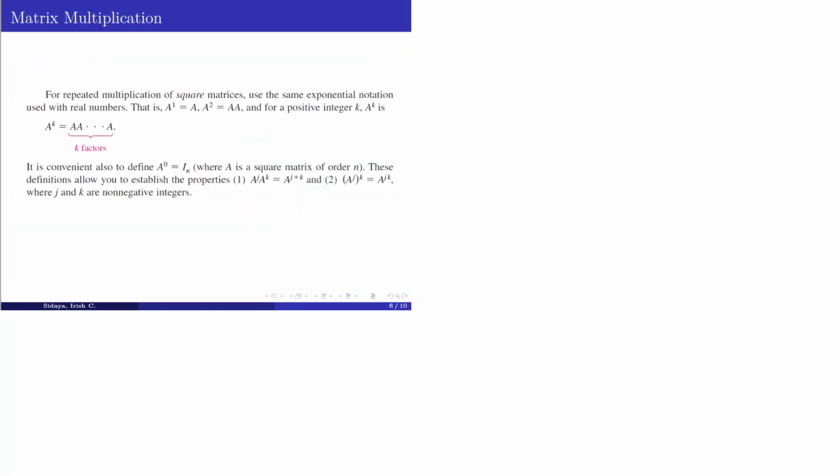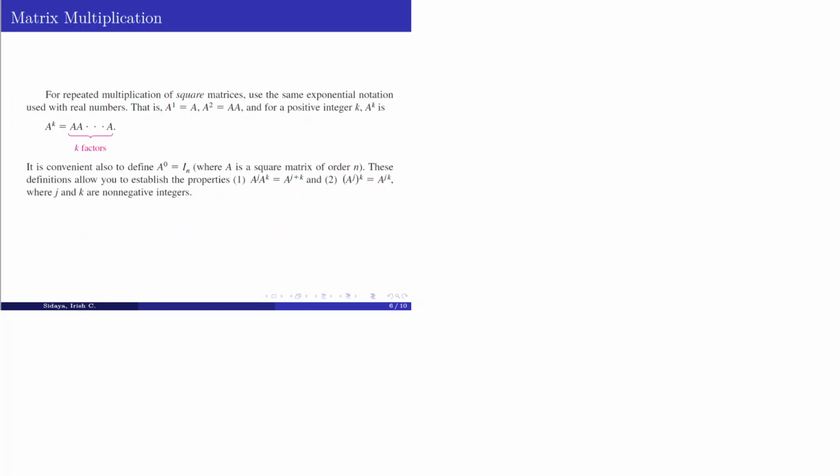Now, for repeated multiplication of square matrices, we use the same exponential notation as what we use with real numbers. That is, A raised to 1 is just equal to A, and the square of the matrix A is just equal to A times A, and A cubed is just equal to A times A times A. And for any positive integer k, A raised to k is just equal to A times A with k factors.